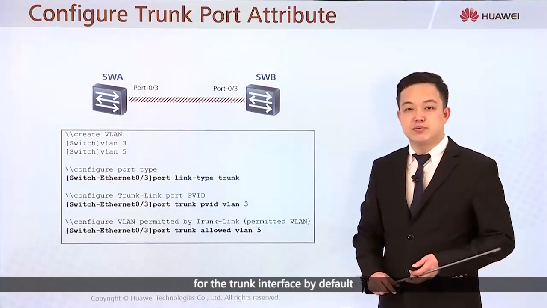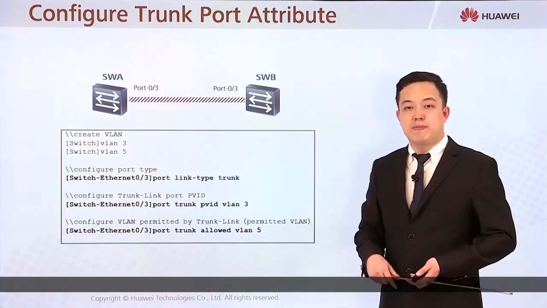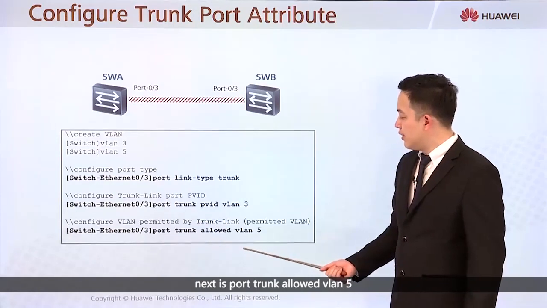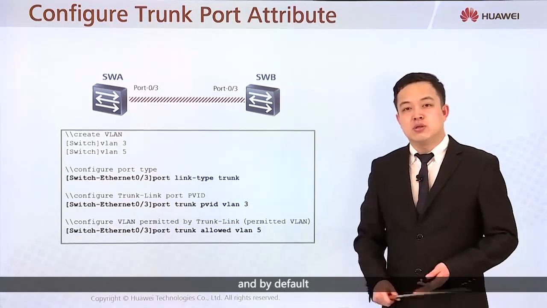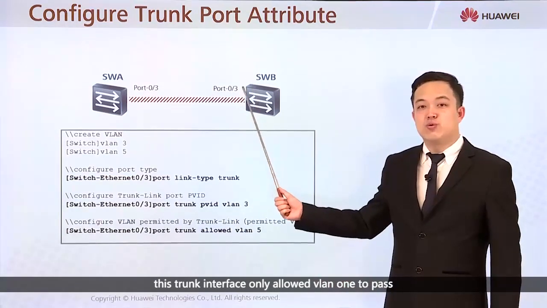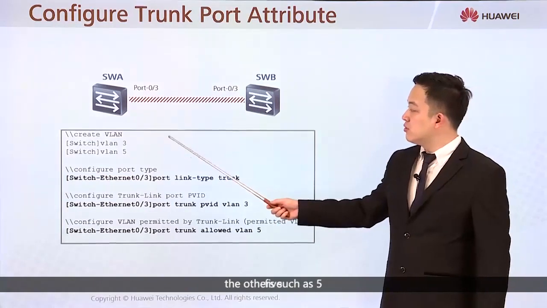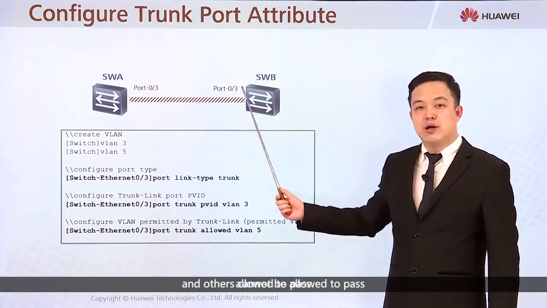For the trunk interface, by default, the PVID is also VLAN ID 1. Next is port trunk allow-pass VLAN 5. By default, this trunk interface only allows VLAN 1 to pass. The others, such as 5, cannot pass.